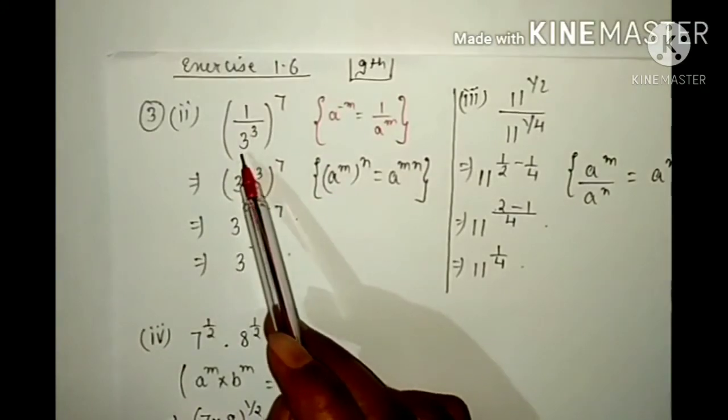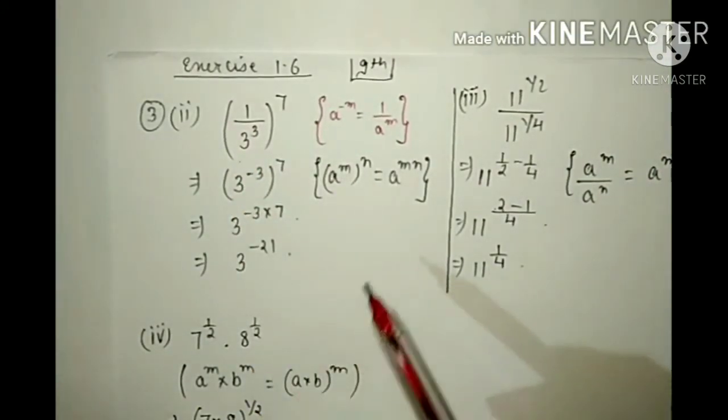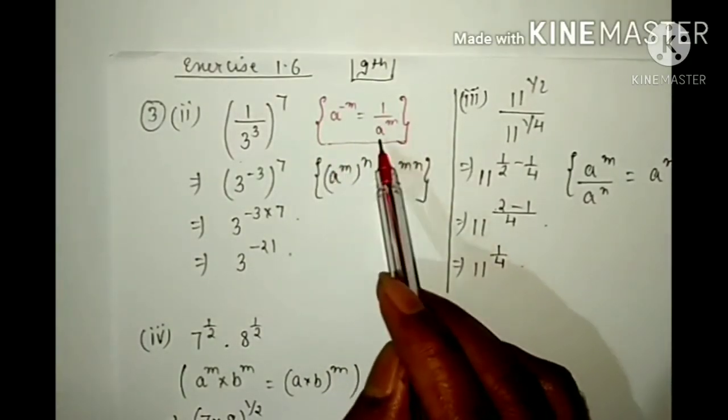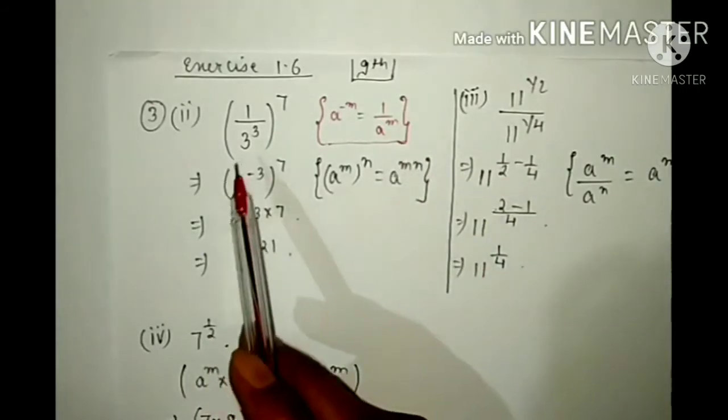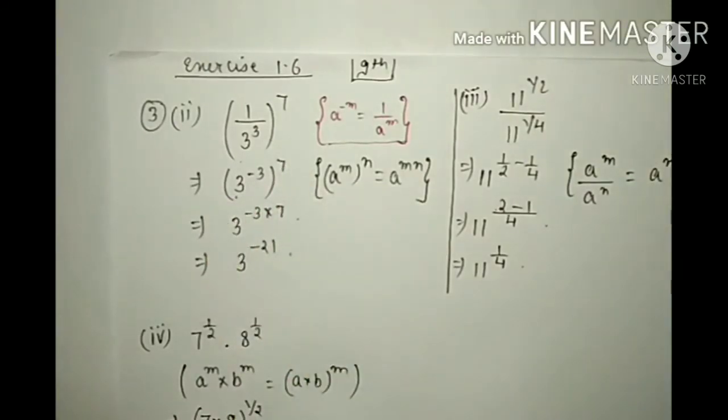Now see the second part of third question. 1 upon 3 की पावर 3 whole power 7. Now by this law a की पावर -m is equals to 1 upon a की पावर m. 1 upon 3 की पावर 3 can be written as 3 की पावर -3 whole power 7.